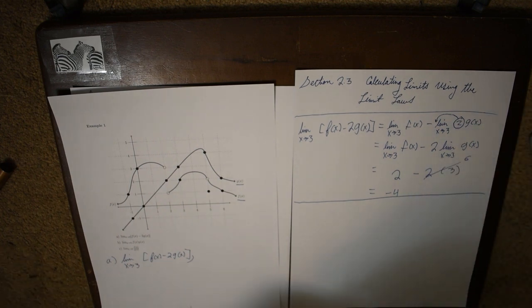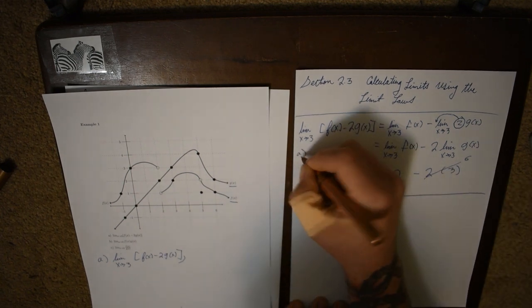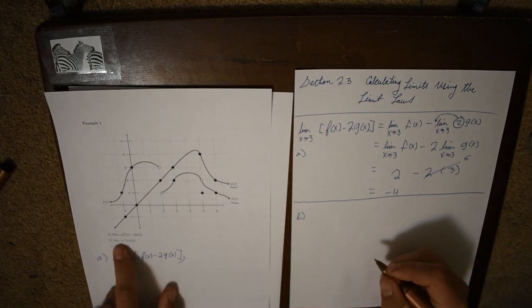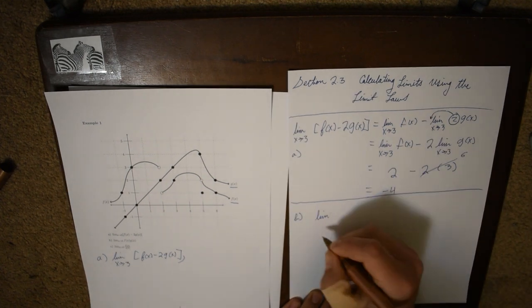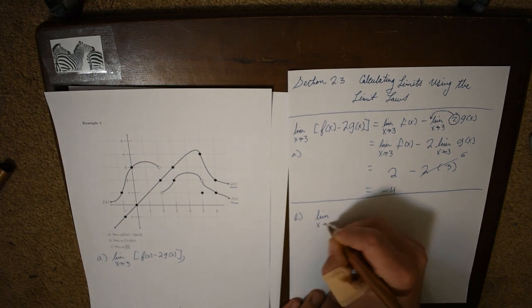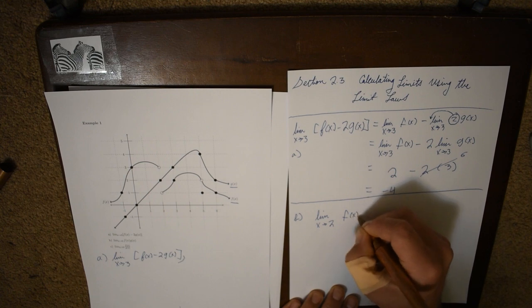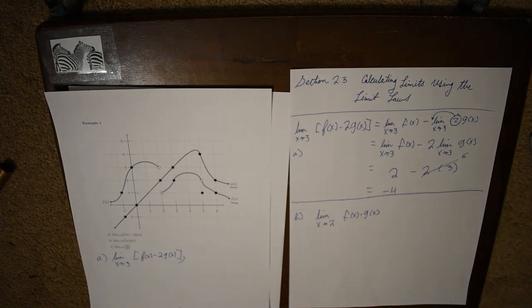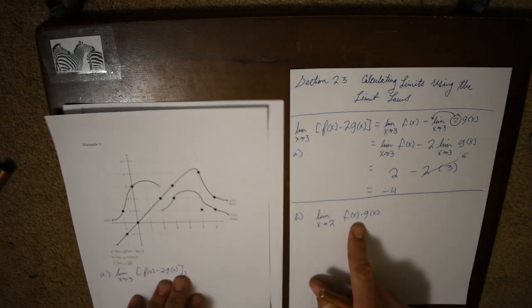So, let's tackle b. That was a. This is going to be b. Let's talk about what happens if we take the limit as x goes to 2 of f of x times g of x. Well, using the limit laws, we're going to break this limit apart.